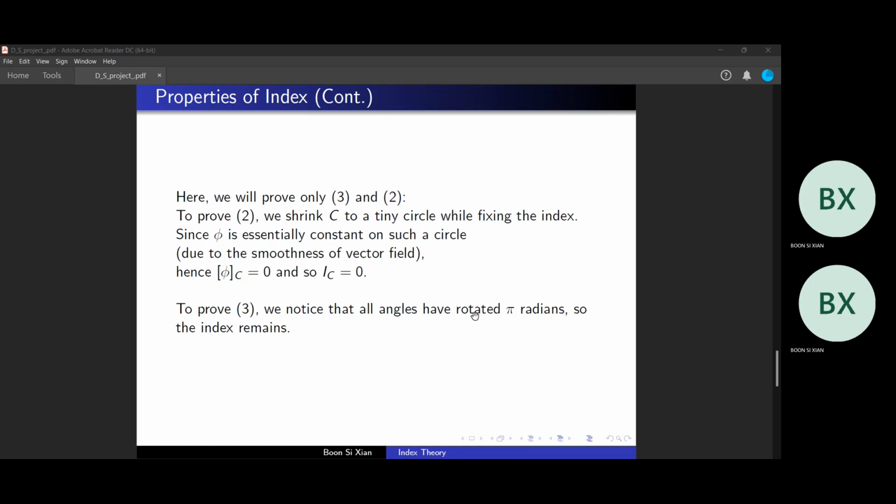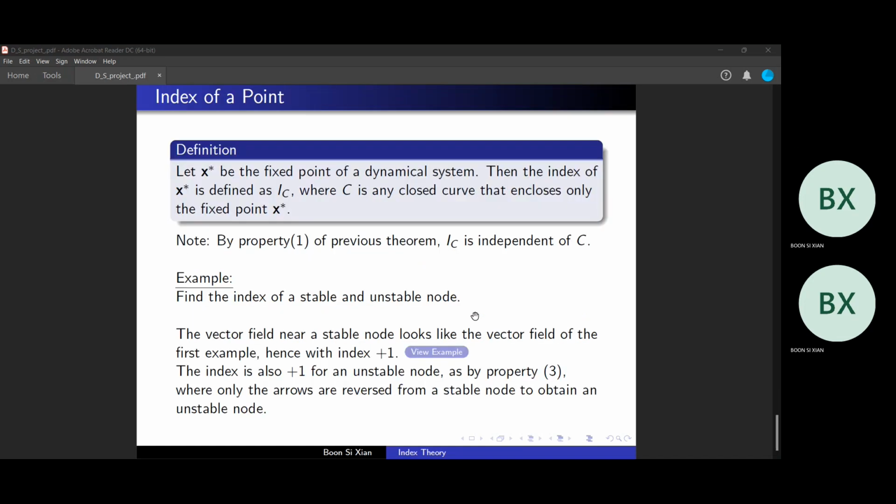So the index remains the same. And then we will discuss the index of a point. The index of a point is defined as I_C, where C is any closed curve that encloses only that fixed point. So by property 1, I_C is independent of C.